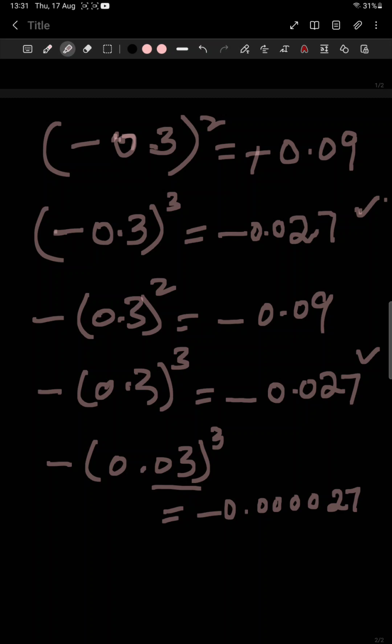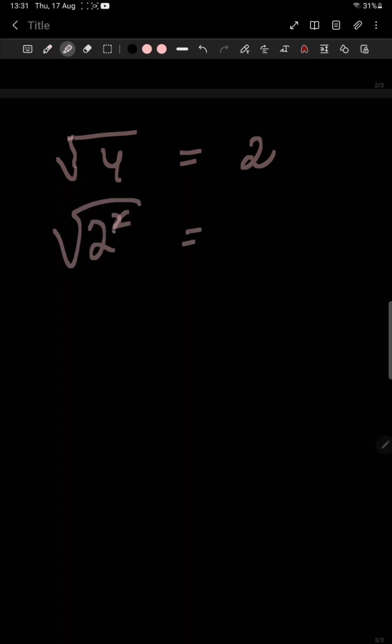Now about the cube roots and the square roots. The square root of the number 4 will give us 2, and the square root of the number 2 squared will again give us 2.